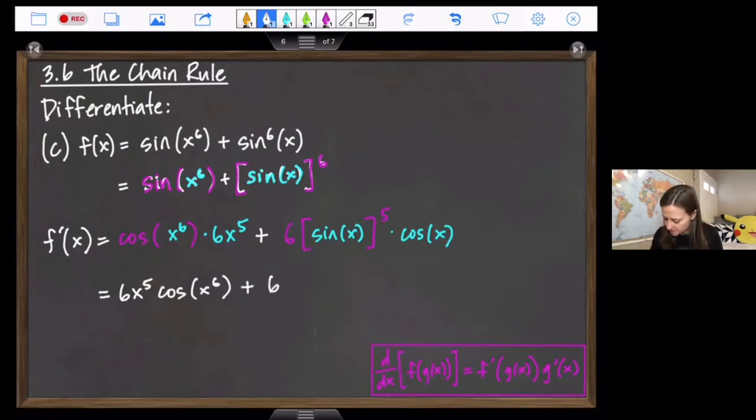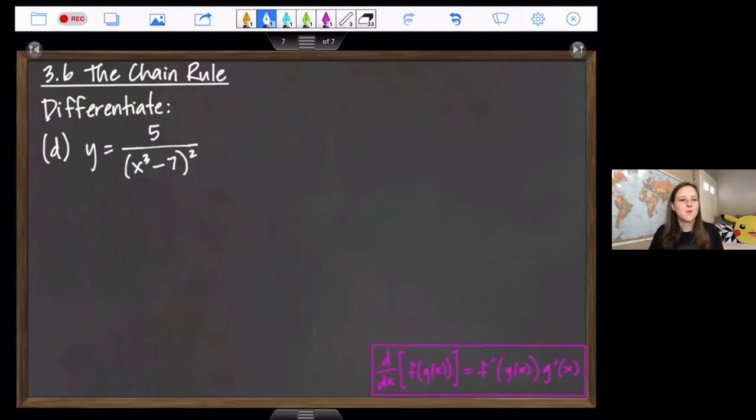So 6 cosine x. And then sine x to the 5th, I'm going to rewrite that with our shorthand notation. That's just sine to the 5th x. All right, and again, most of the time when you have more than one trig function being multiplied in a term, we usually write them with low exponent to high exponent left to right. But again, that's just convention. It wouldn't be wrong to write the sine to the 5th first and then the cosine.